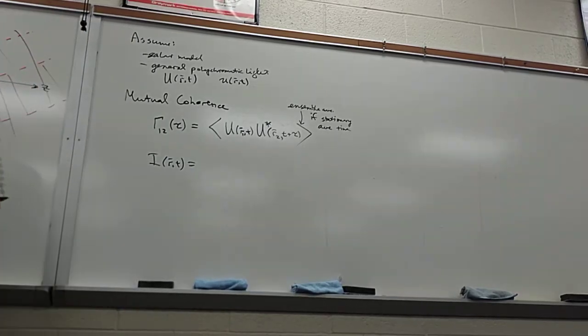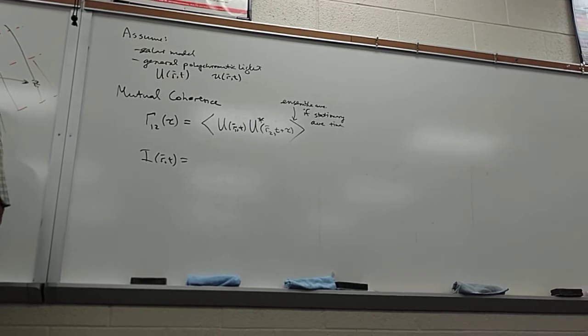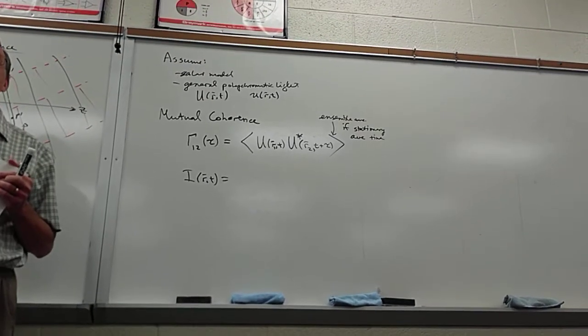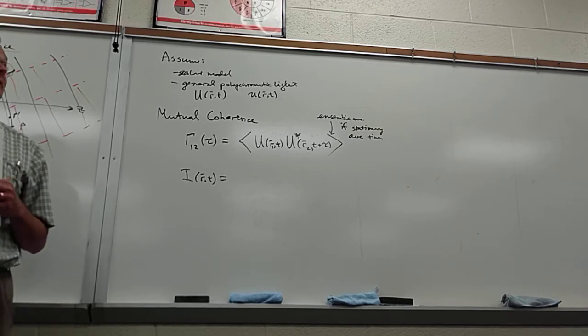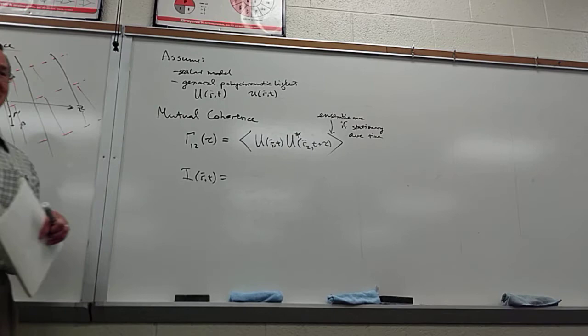And what assumptions went into coming up with that symbol A? Monochromatic plane wave. And here, you've got general polychromatic light.